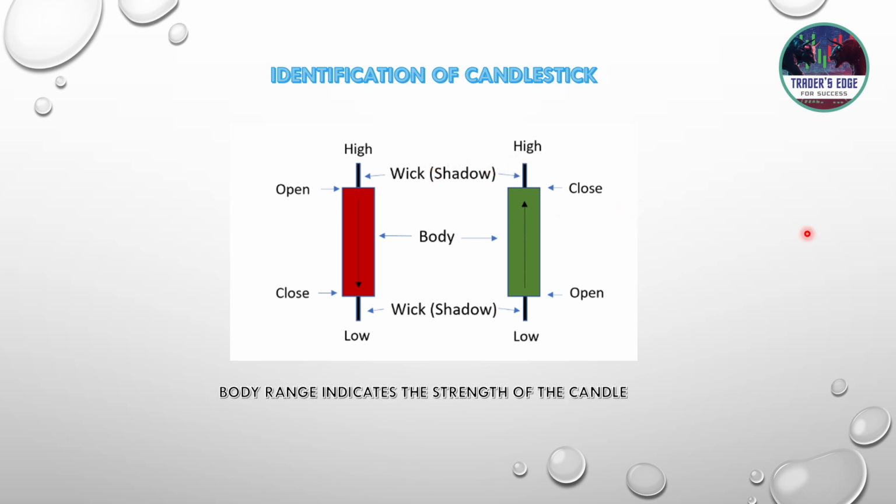The body range indicates the strength of the candle, how strongly it is bullish or bearish, so we can represent it by its body. And wicks are generally the rejection of price on the candlesticks before and after the open and close price.